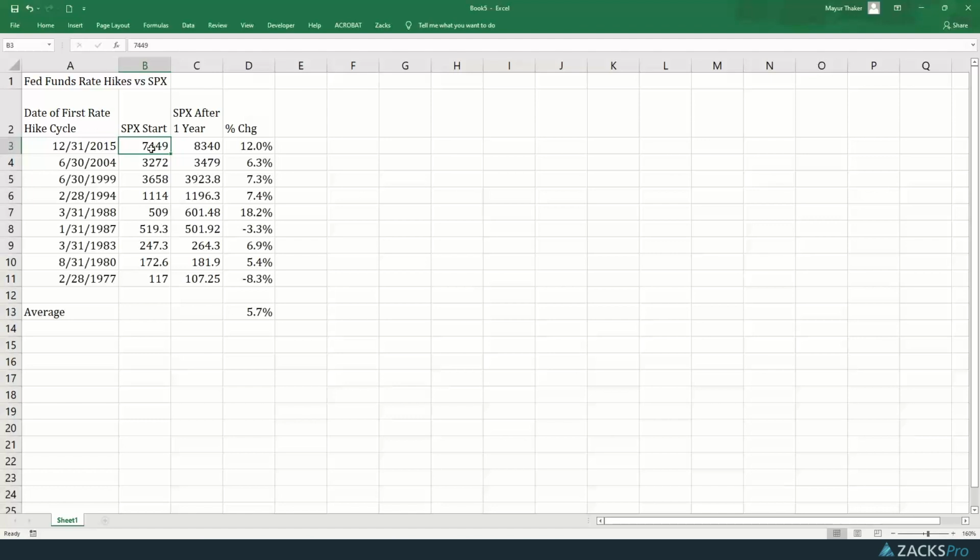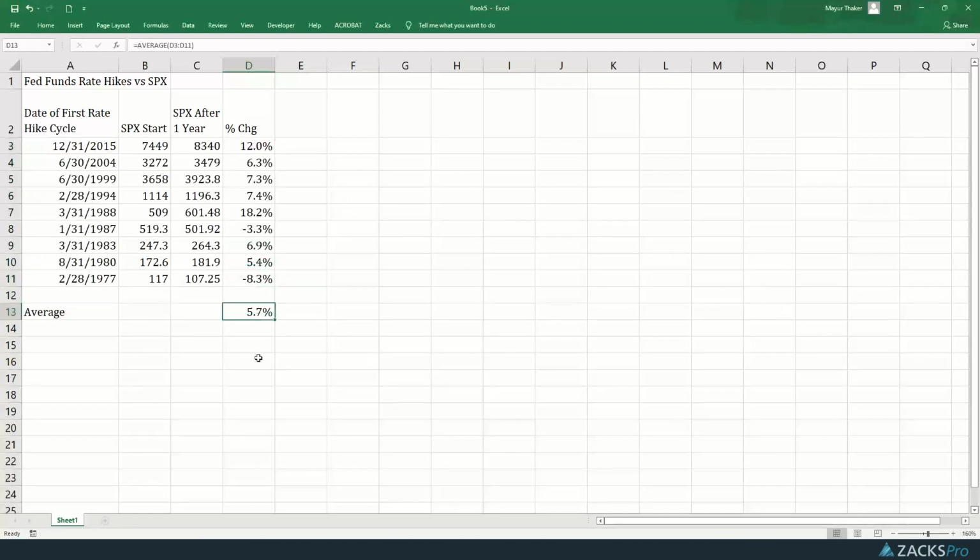I took note of where the S&P total return index was at the beginning of that, and then where it was after 1 year. You can see that these are each of the last several initial rate hikes, not the end of the rate hike cycle, but the very first rate hike, at the very start of that rate hike cycle. And these are the S&P 500 total returns exactly 1 year later.